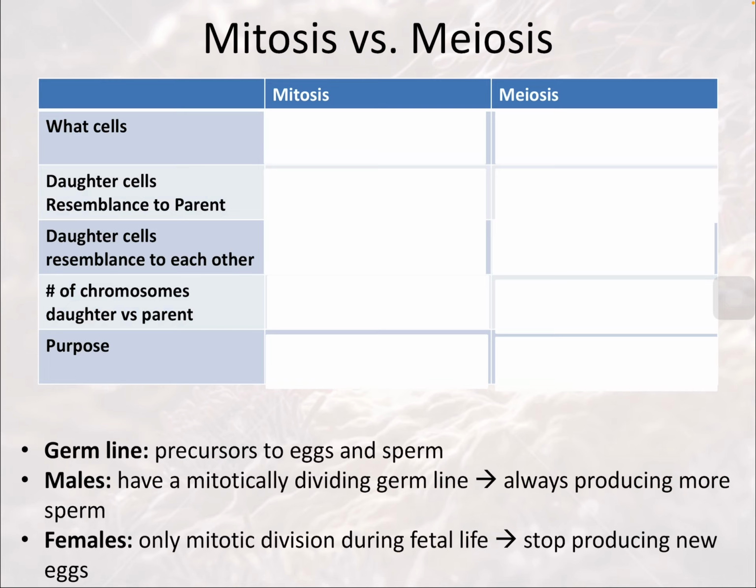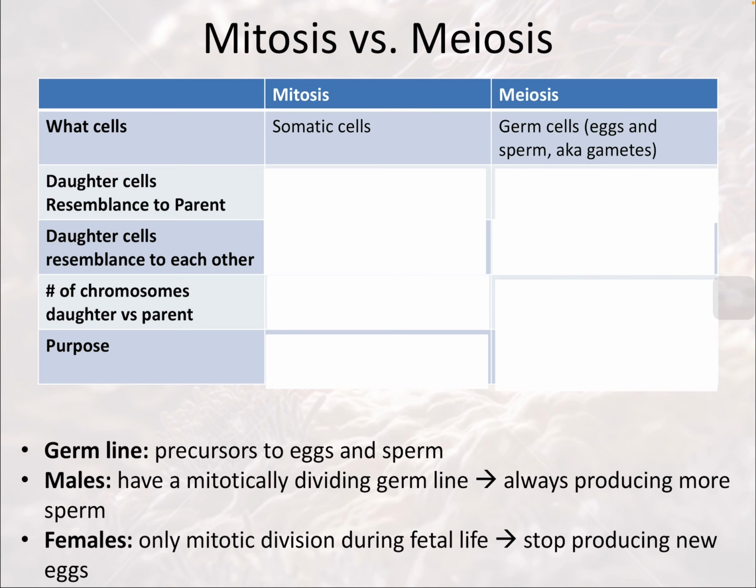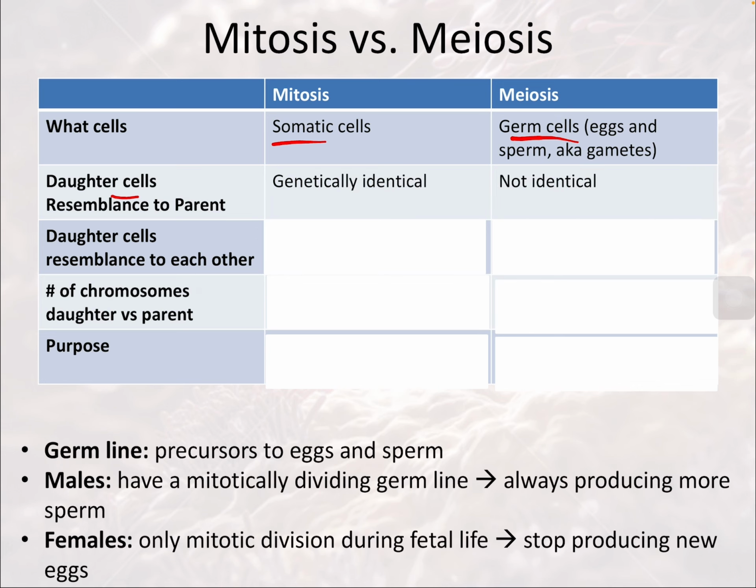Let's go through just some differences here between mitosis and meiosis. So I just kind of said this on the last slide. Somatic cells for mitosis, germ cells, which are eggs and sperm, also known as gametes, for meiosis. Daughter cell resemblance to the parent cell, genetically identical for mitosis, not identical for meiosis. Okay, daughter cells' resemblance to each other.